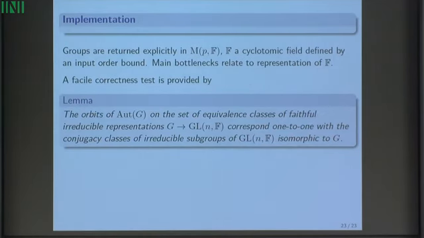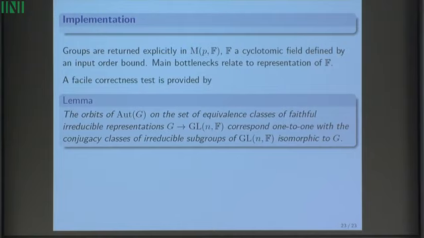There are some obvious things that we can do, as in this lemma here, to make independent checks that our lists really are complete and irredundant. The test furnished by this lemma is restricted to solvable groups, and the reason for that isn't theoretical.